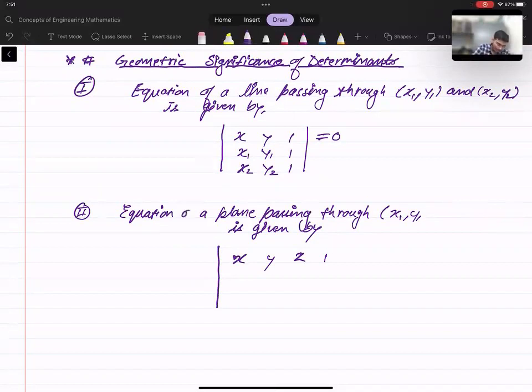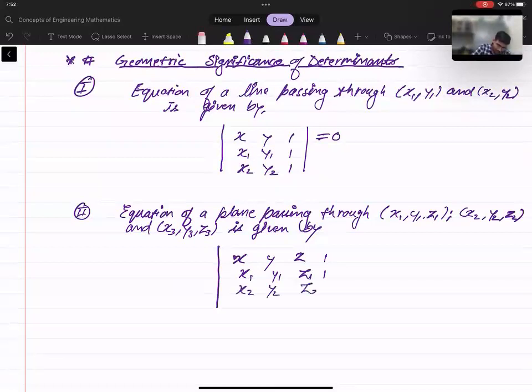So this is the equation of a plane passing through x1 comma y1 comma z1, x2 comma y2 comma z2, and x3 comma y3 comma z3, given by x1 y1 z1 1, x2 y2 z2 1, x3 y3 z3 1, and again equate this to 0.